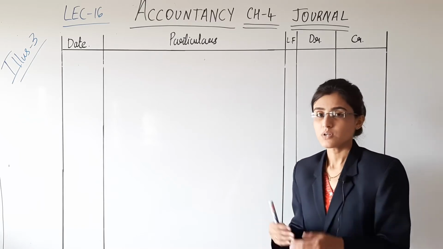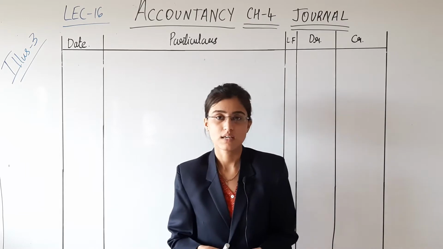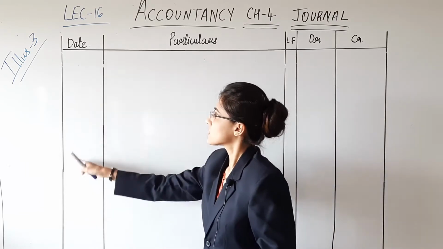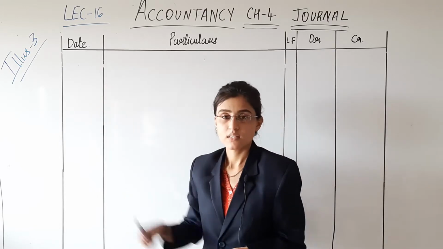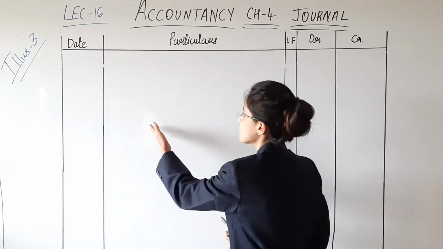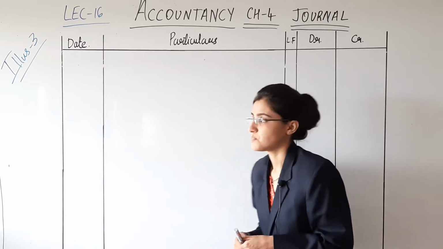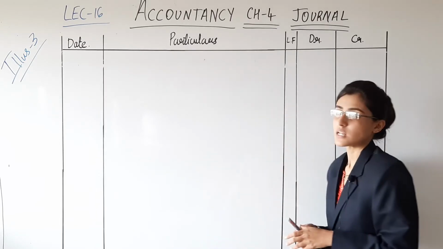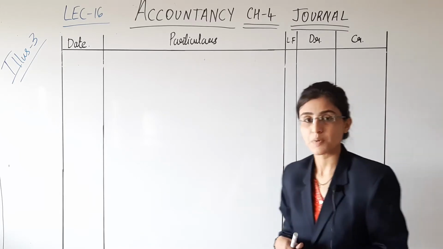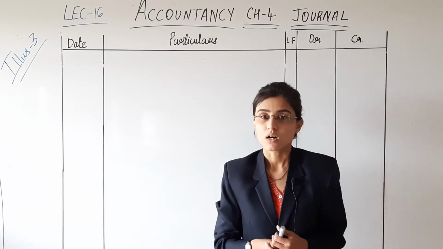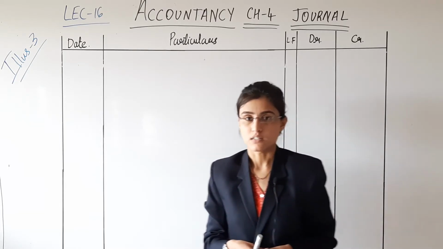The amount debited is always equal to the amount credited. In this column you are writing down the year first of all, then the month and the date. Here you are going to write down the journal entry with narration. Here you are not going to write anything for now, and in these two columns you will be writing the respective amount of the account that you have debited and the account you have credited.